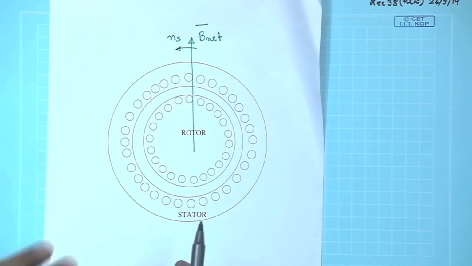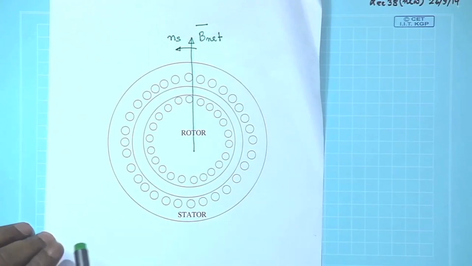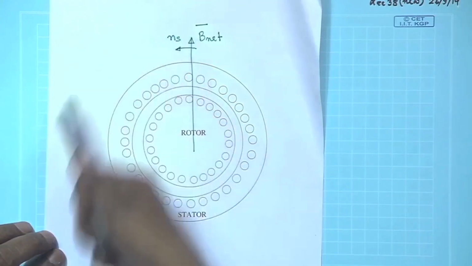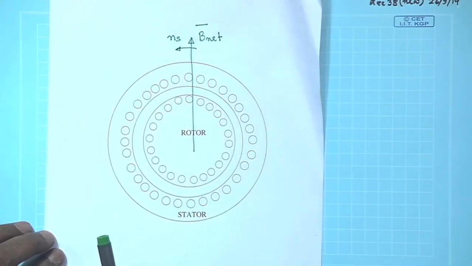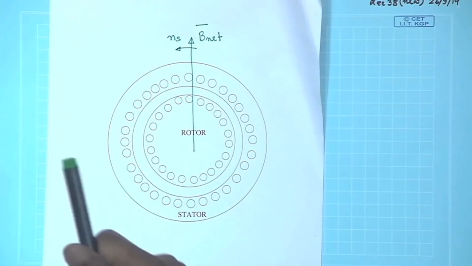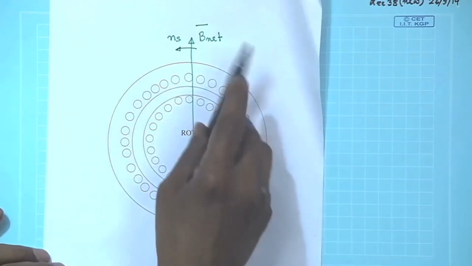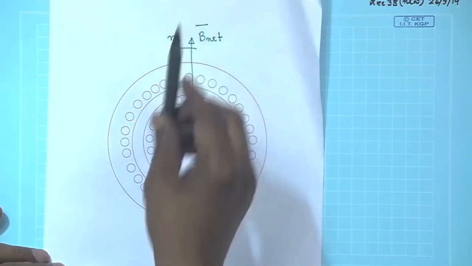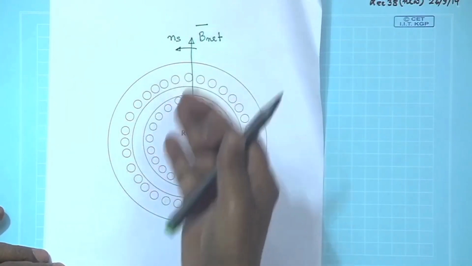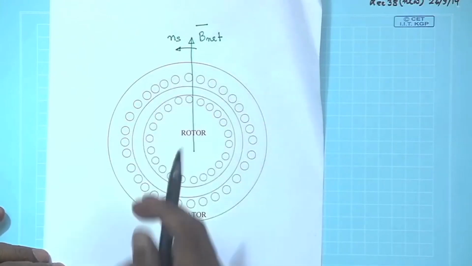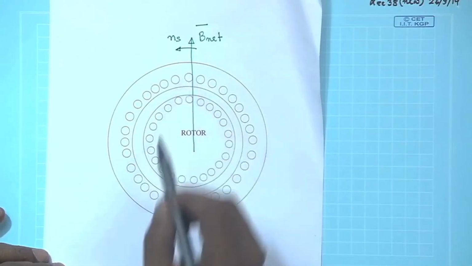As we know, with respect to a stationary observer, this B net will appear to move with a speed n s. Right at that instant of time, when it is positioned vertical, the question is, what will be the polarity of the induced voltage in the stator conductor first.